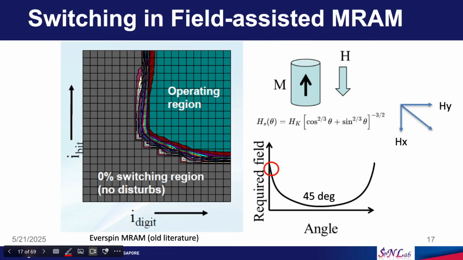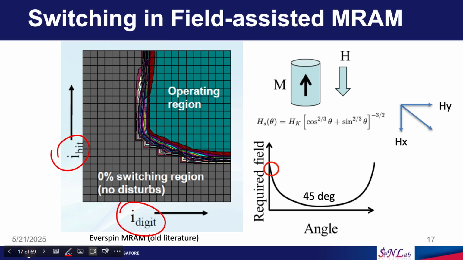So, what people do is when they create a memory array, they send certain current through the digit line, certain current through the bit line. So, bit line, word line, read. You can send current through two orthogonal wires.